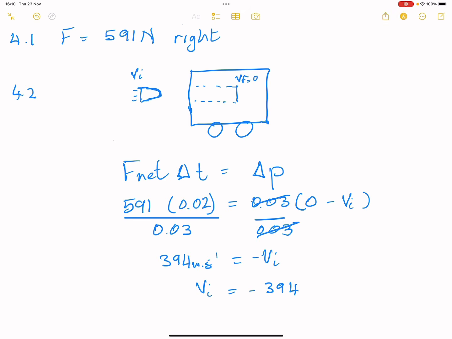In fact, if we consider the direction to the right as positive, please keep in mind that the bullet exerted a positive force on the trolley, but the force that the bullet experiences would be negative, because it's the trolley that's exerting a force on it.